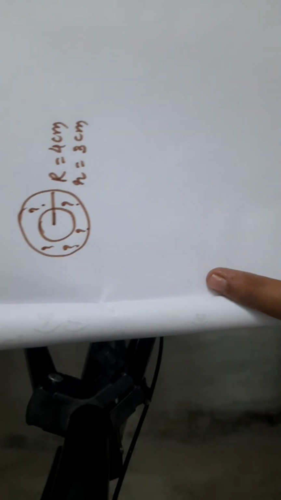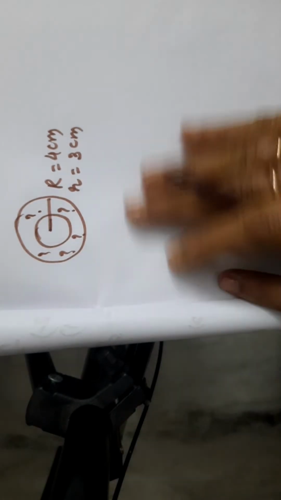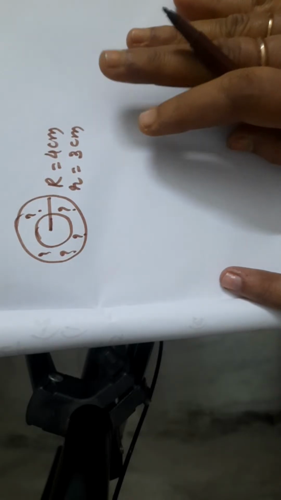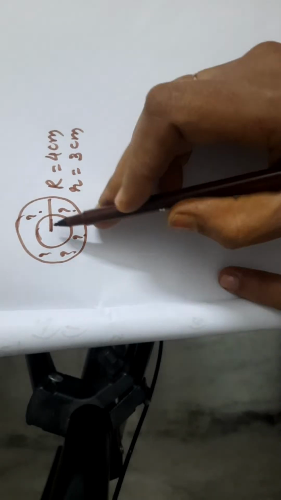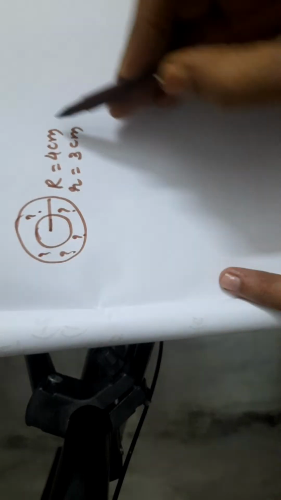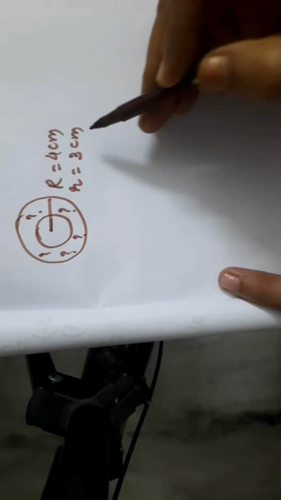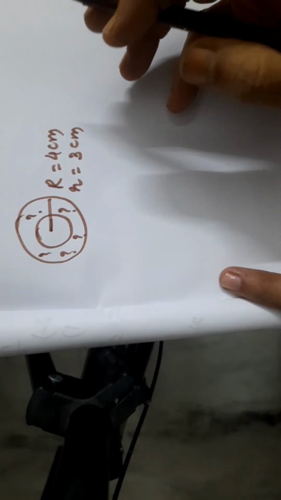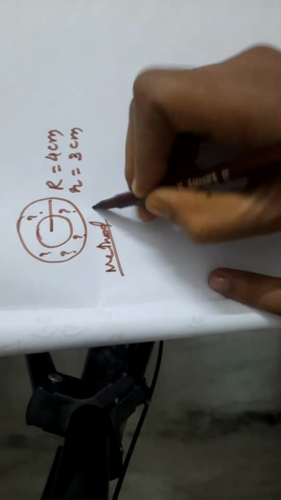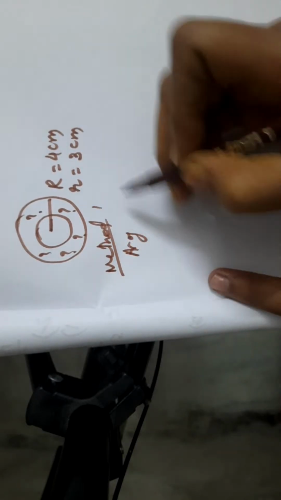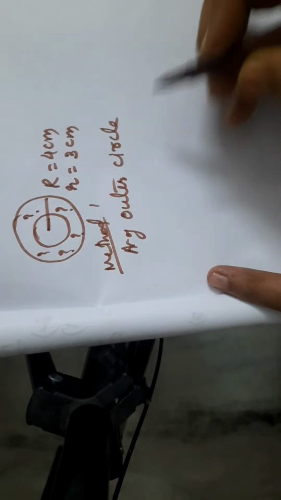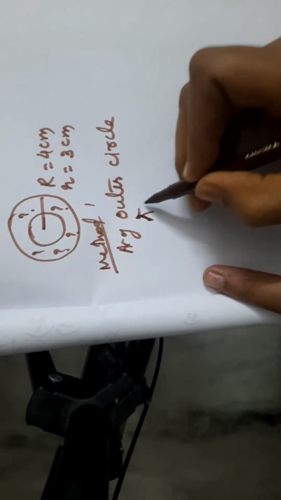So how to find out the area of the remaining portion? Here we can have a direct formula. 2 methods are there for this kind of question. One is we can find the area of the bigger circle, the area of the smaller circle, and then subtract. Or you can find it directly. Method 1: area of outer circle, that is pi capital R square.